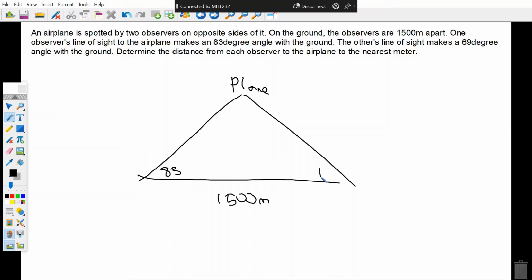The other one makes 69-degree angle with the ground. And we are looking for the distance from each observer to the airplane to the nearest meter. So we're looking for this one here, X, this one here, Y, or A and B, or whatever you call them. Okay? So take one more minute to finish that question, then we'll put the answer up.